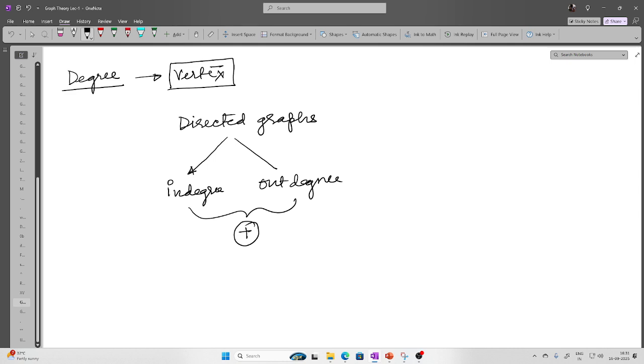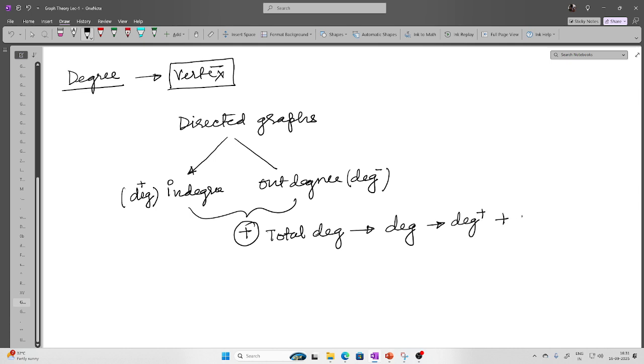That means if I represent in degree by deg plus and out degree by deg minus, then the total degree, which is simply the degree, is the in degree plus the out degree. So the sum of in degree and out degree is what we call the total degree of any graph.